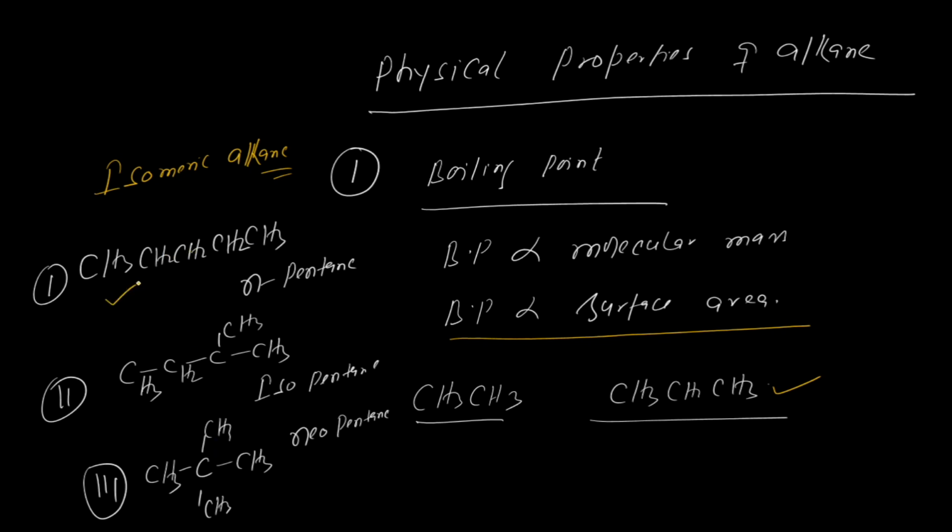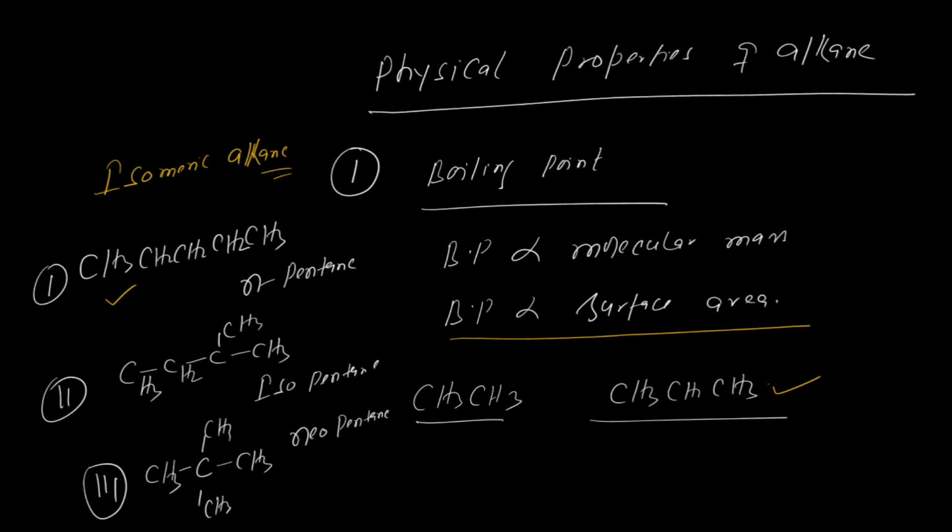Normal pentane has the greater surface area, so this will have a higher boiling point. Between iso and neo, iso has more surface area, so it will have more boiling point as compared to neo, and neo will have the least boiling point because out of these three, this has the least surface area. So this is about the boiling point.